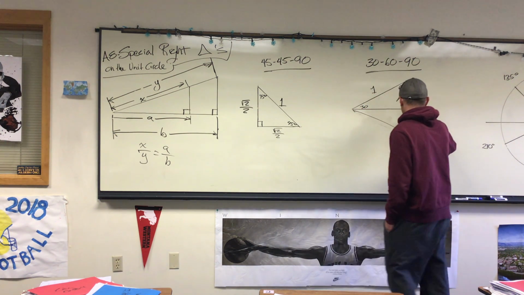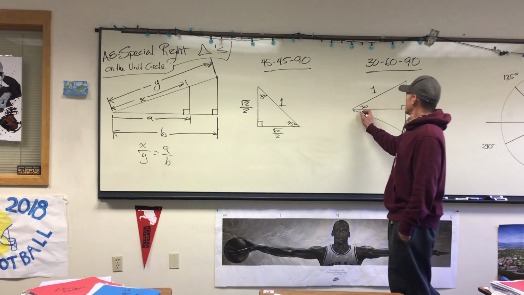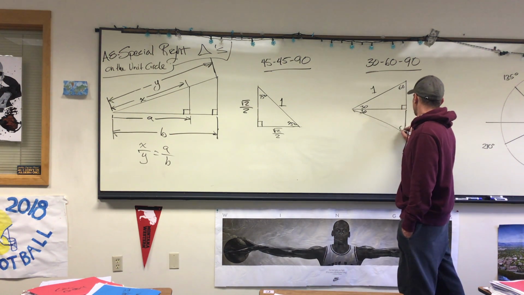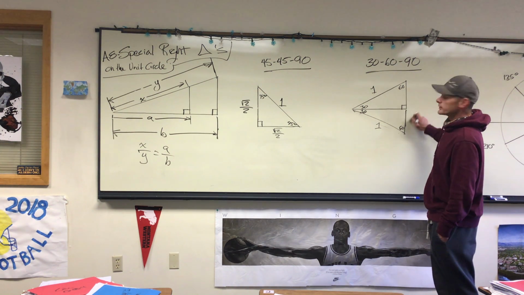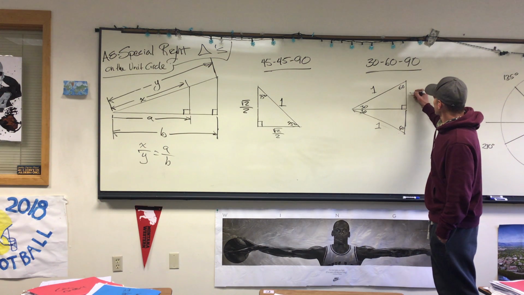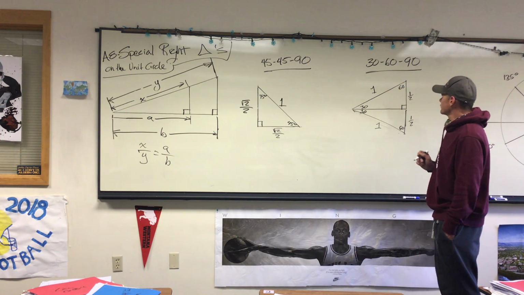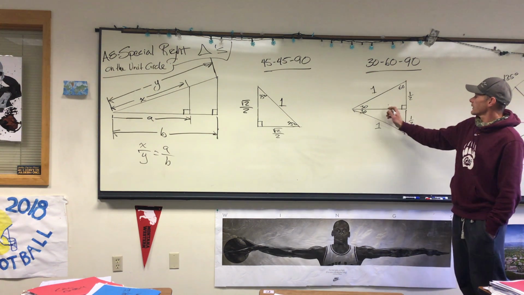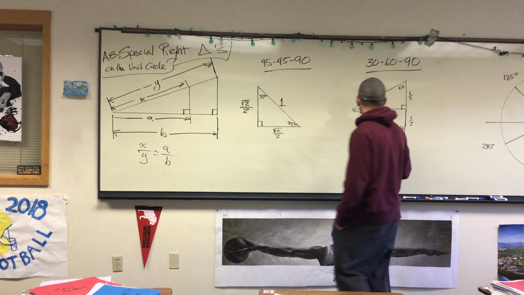You guys know that drawing is not my strong suit. So here we go. We have an equilateral triangle now, and so therefore all the side lengths are 1. These are congruent. This is a perpendicular bisector, so 1/2. And now all that remains is to find this long side adjacent to the 30 degrees.